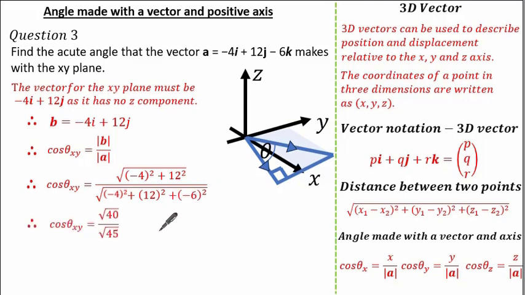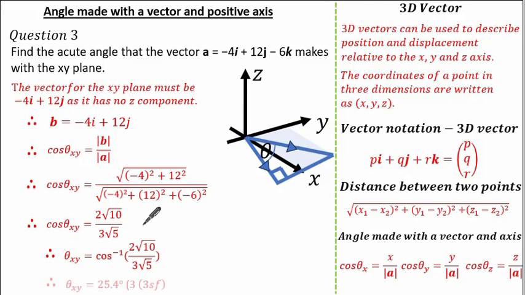Simplifying this would give us root 40 over root 45, which simplifies to 2 root 10 over 3 root 5. So to work out the angle, we simply cos to the minus 1, thus giving us the angle made between our vector and the xy plane to be 25.4 degrees to 3 significant figures. A huge well done if you got that one right.